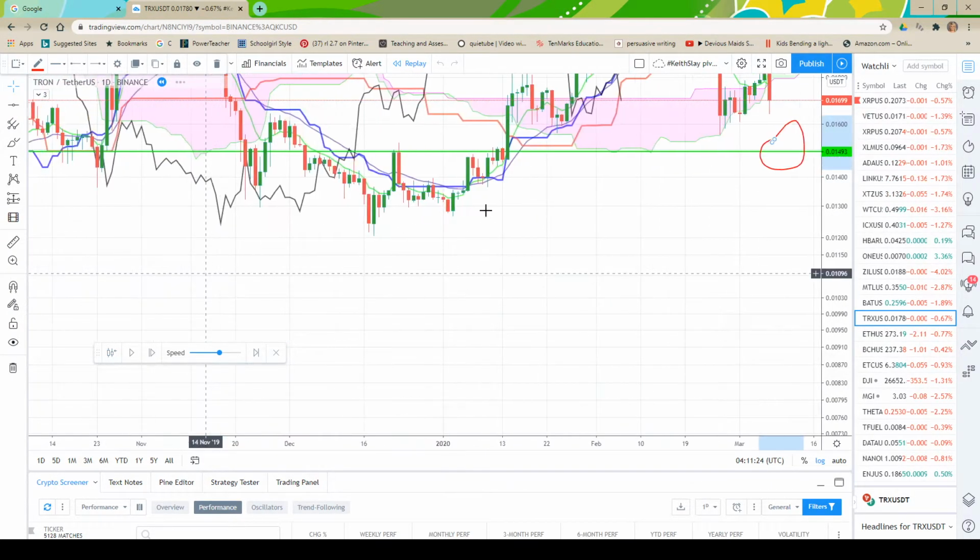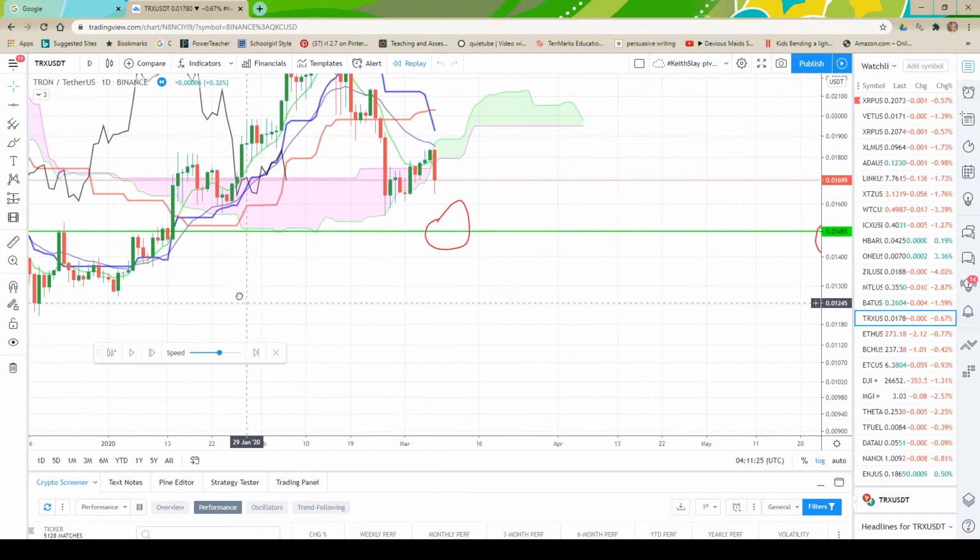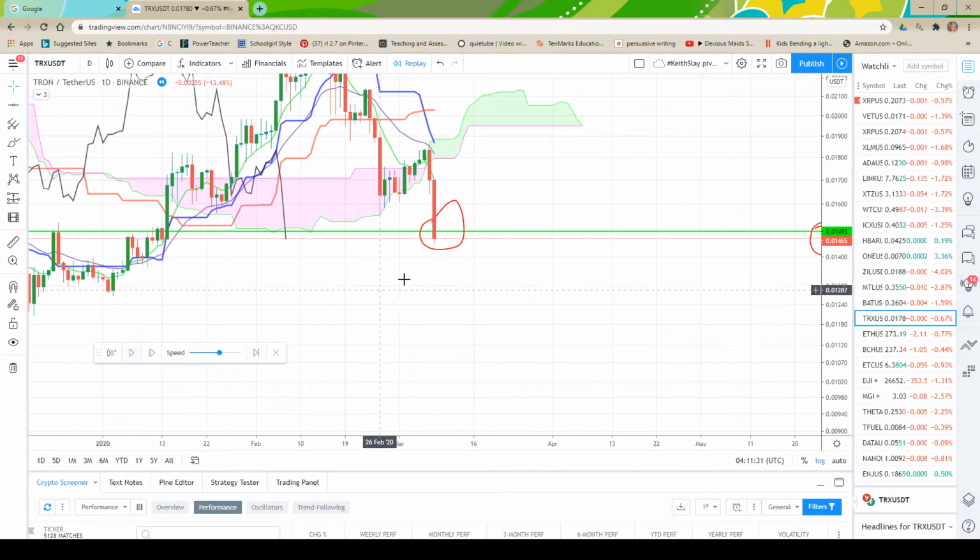Let's replay it. We bought that. That happened because this poked its head out right here. This is going to turn red. That crossed over. 4 out of 4. We sold that right there.